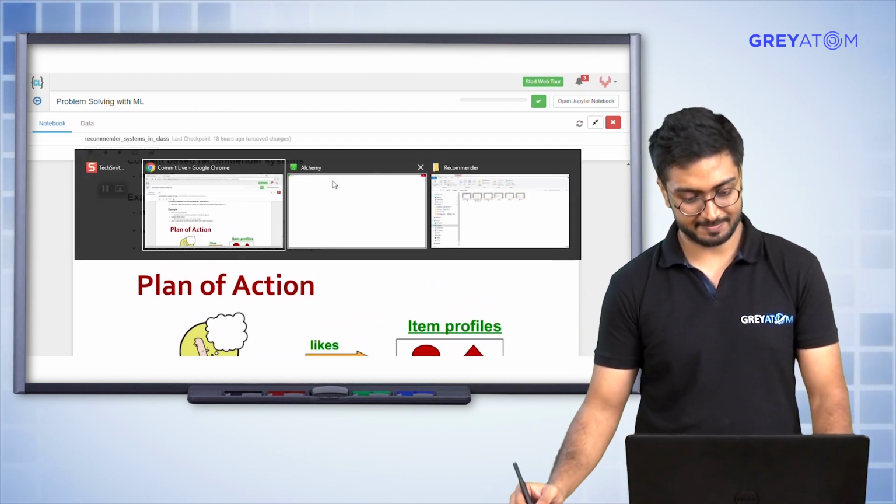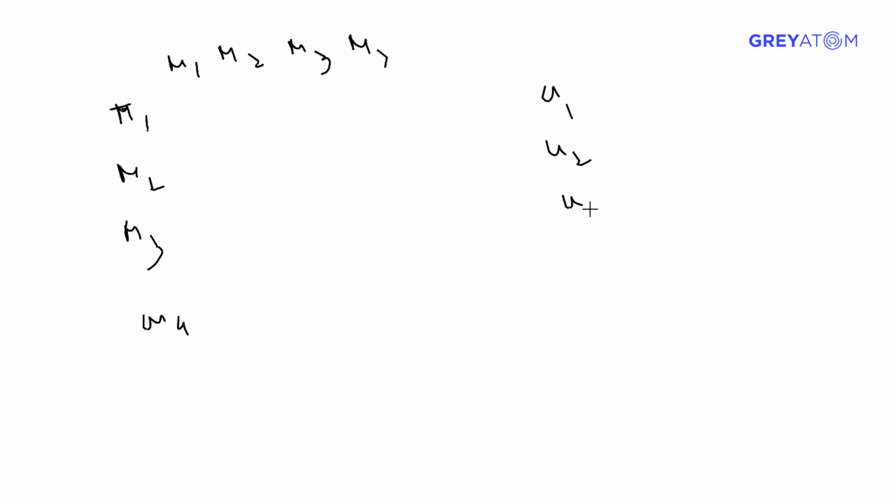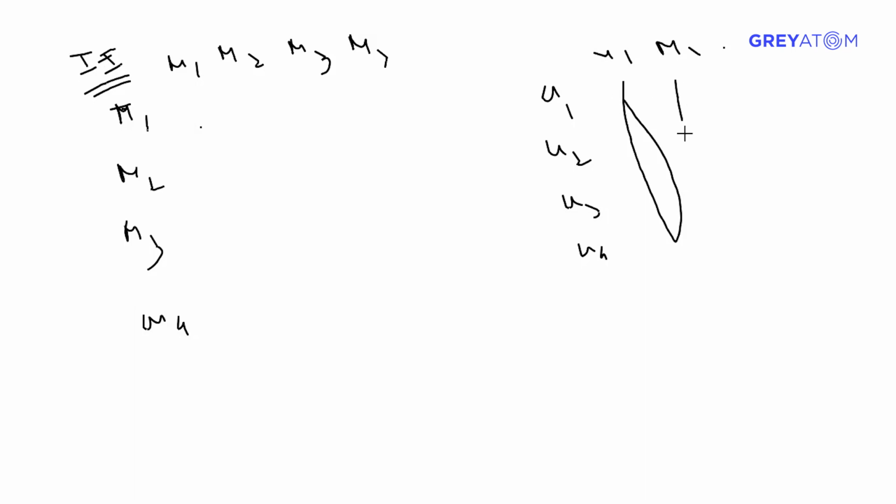So if you remember, for user item collaborative filtering, we had this kind of matrix: M1, M2, M3, and U1, U2, U3, U4 against M1, M2, M3. We computed our item similarity matrix using the similarity between different columns, and this was my Rx, Ry vector.